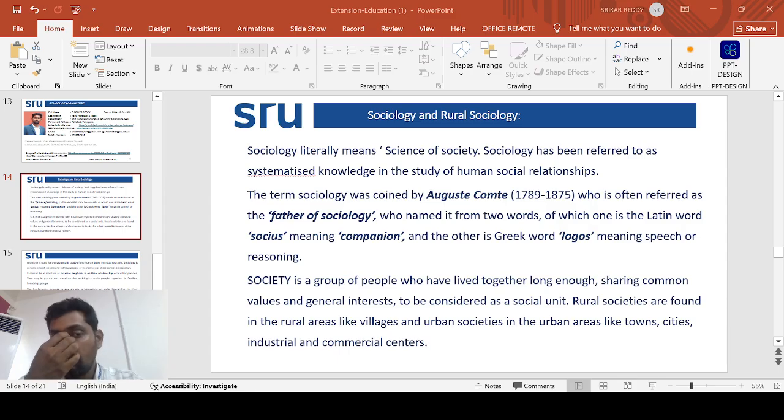Then we jumped into rural sociology. Sociology studies society and how it functions. But rural sociology is the same science of society, with the system, information and knowledge specified to a particular region, rural India or the rural part. The science of society in rural areas can be considered rural sociology.